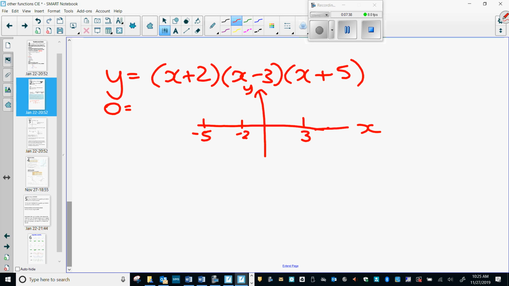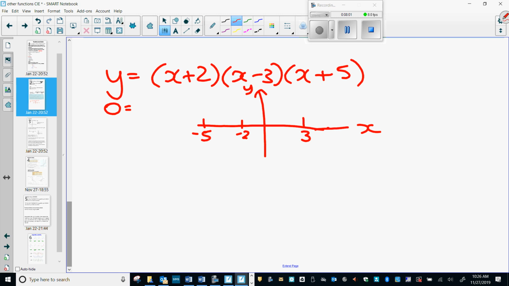Now, we would find the y-intercept in the same way as we would find the y-intercept for anything. Do you remember how to find the y-intercept for the quadratic graph? So for the x-intercepts, we put the value of y as 0. What do you think we're going to do to find the y-intercept? The x is 0. Put the x as 0.